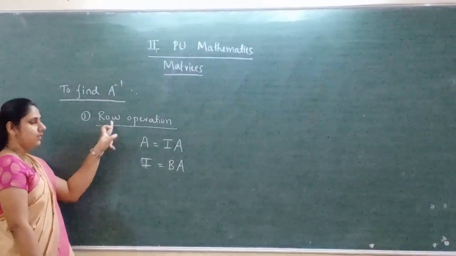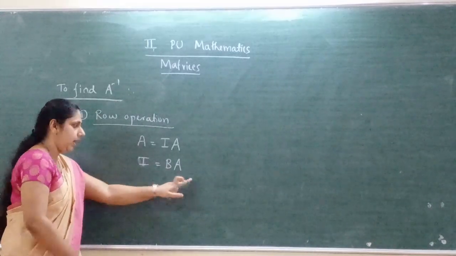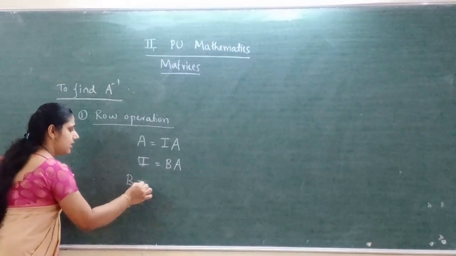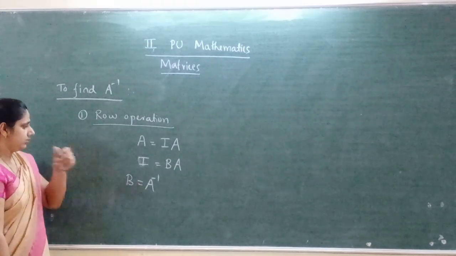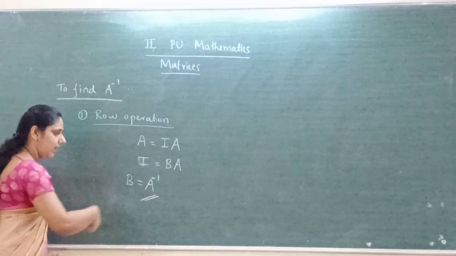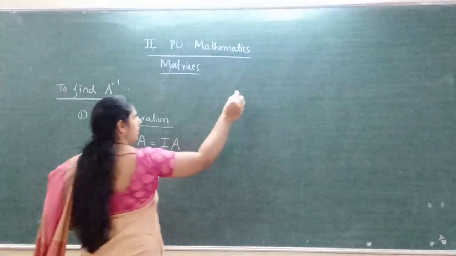After applying a sequence of row operations, we will get I is equal to B into A. Then this B is called A inverse. This is in row operation.